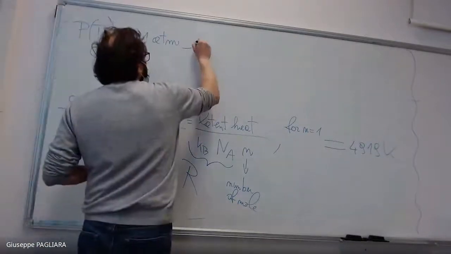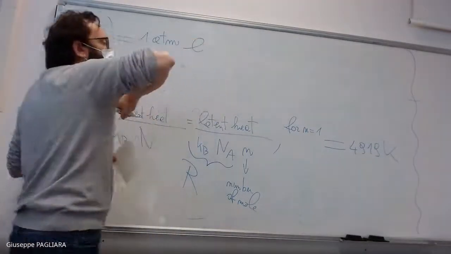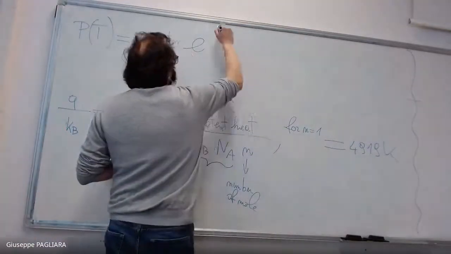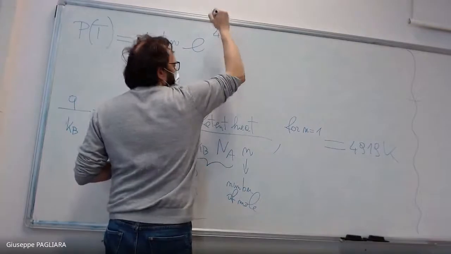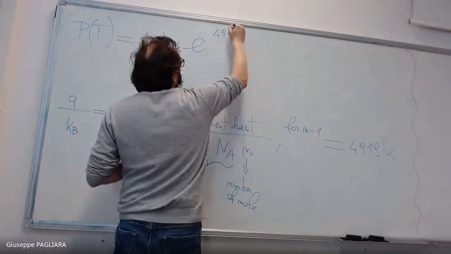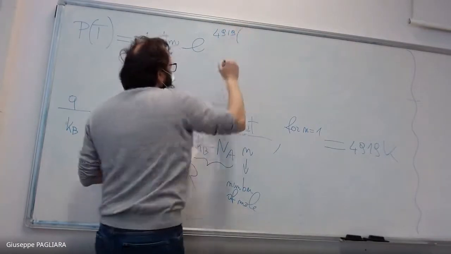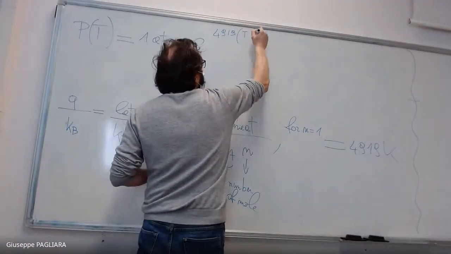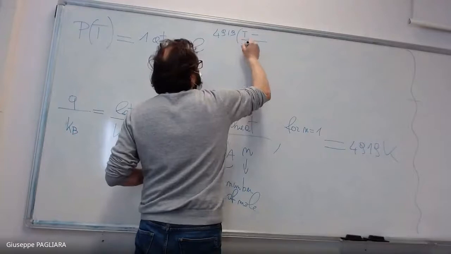And here we have the exponential of Q divided by N, which was provided by this number here, 4919 Kelvin, times 1 over T minus 1 over T_A.